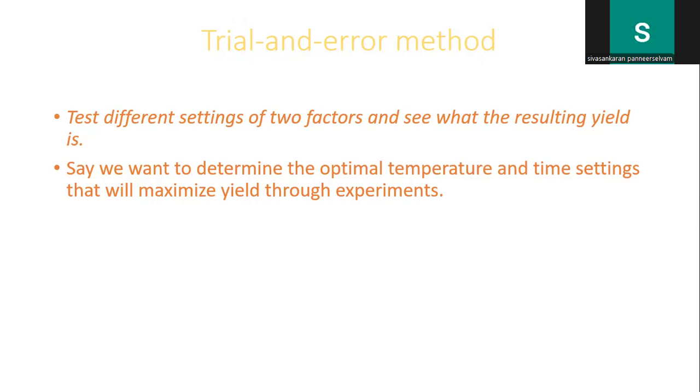Say you take a metal heat treatment process, annealing, and take time and temperature as the input factors. The output is how you are going to maximize the yield of the property of the material through experimentation.